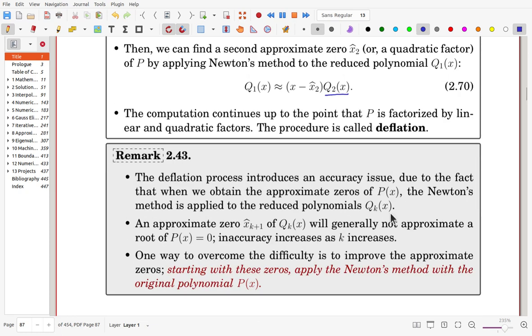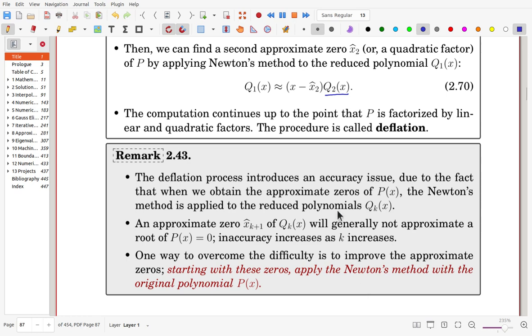So to make all the solutions accurate, we apply Newton's method one more time, starting with these x hat values. The x hat values are yet accurate, but compared with the required accuracy, they have some large error. However, they are still accurate, so starting with these zeros, we can apply Newton's method using the original polynomial.